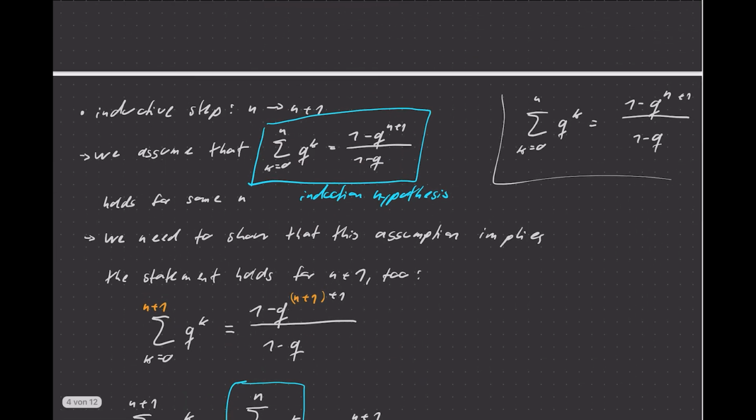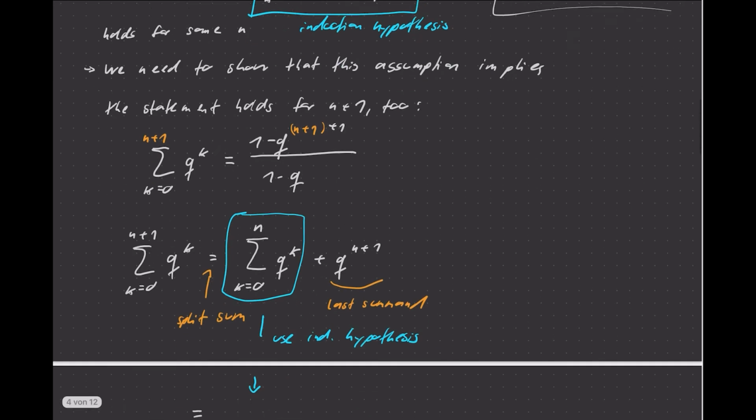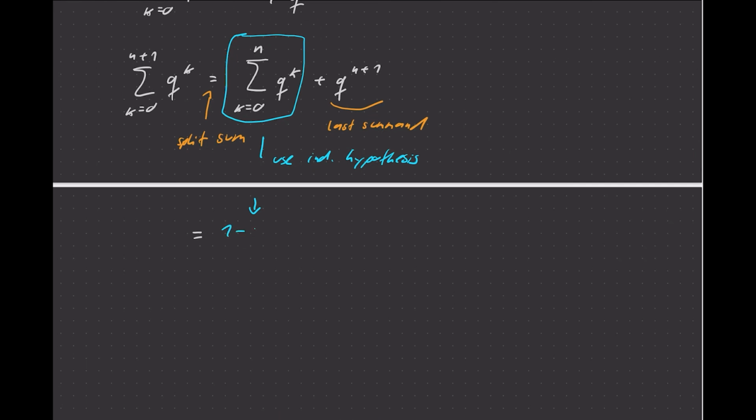So this is 1 minus q to the n plus 1 over 1 minus q, and that is true by the assumption that we made. And then we just keep that last part, q to the power of n plus 1.